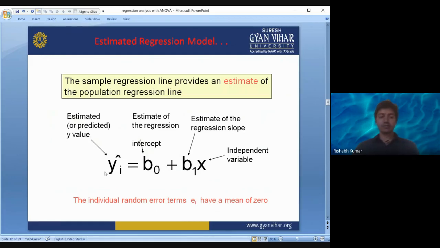In this equation, variable y is your variable on the y-axis. b naught is your intercept, and b1 is the slope, and x is the independent variable. That is how the equation of a straight line is.